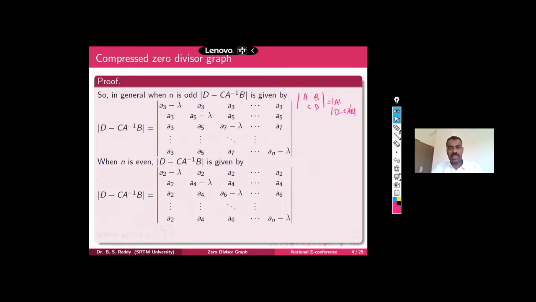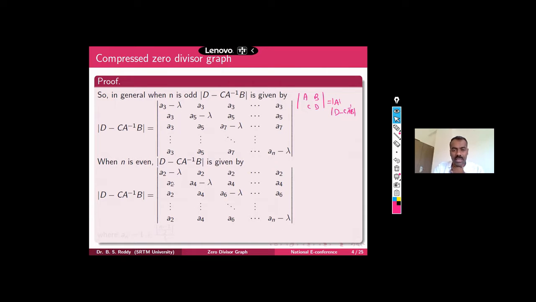Of course, this depends on whether n is odd, so we have to split. We have observed that when n is odd it is a little different, and when n is even it is a little different. So when n is even, we have this one. Okay, so the structure is the same. Here you will have A3 minus lambda, then A5 minus lambda, A7 minus lambda, and so on. Whereas here, for even numbers: A2 minus lambda, A4, A6, and so on.